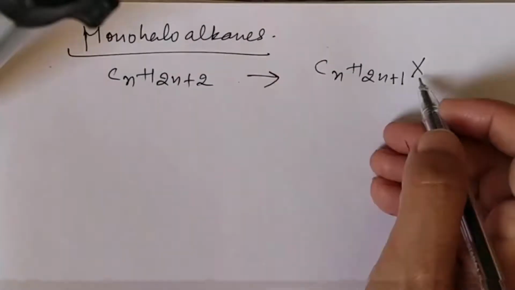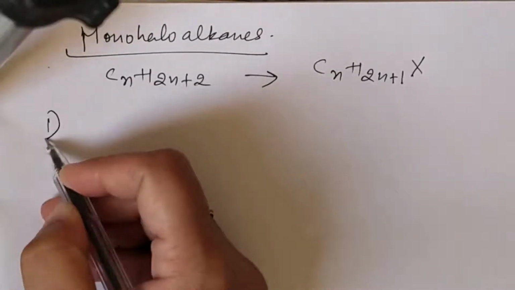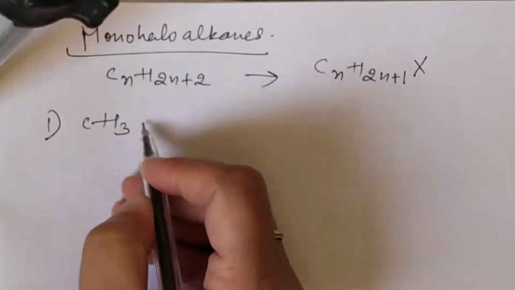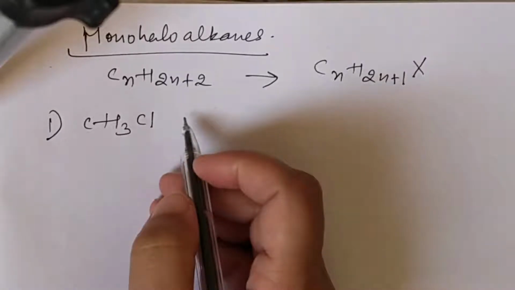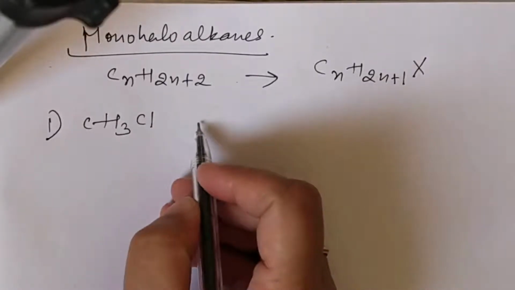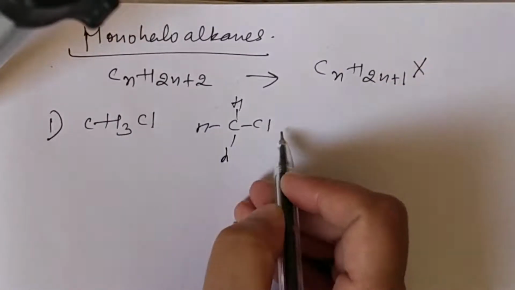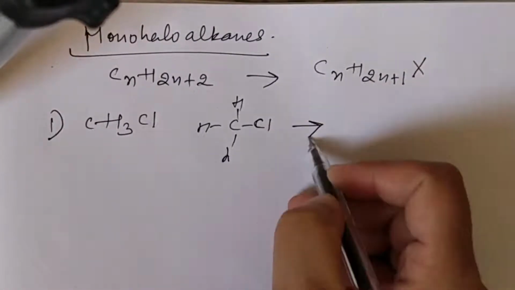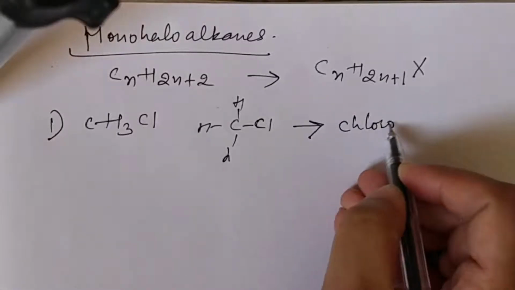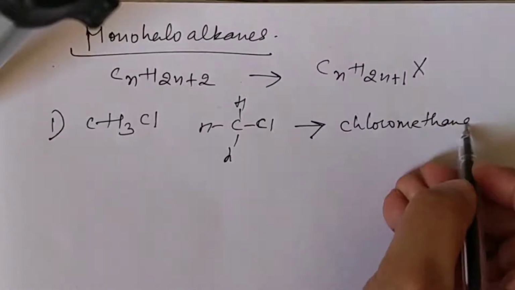We are writing the molecular formula of the first monohaloalkane, CH3Cl, in which one hydrogen of methane is replaced by a chlorine atom. What will be the IUPAC name of this compound? This will be chloromethane.